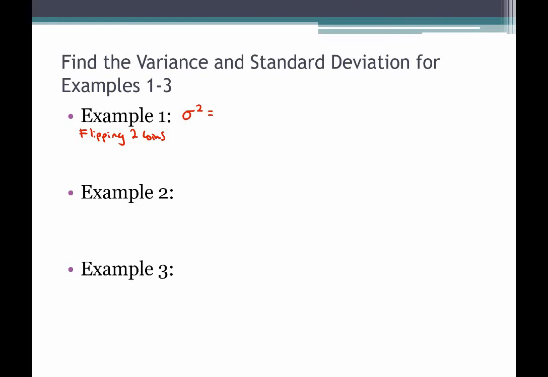Our first possible outcome was a 0. We square it. I realize 0 squared is 0, but I want to go through the complete process, no shortcuts. Its corresponding, aka matching probability, was 1/4. My second possible outcome was a 1. I square it.